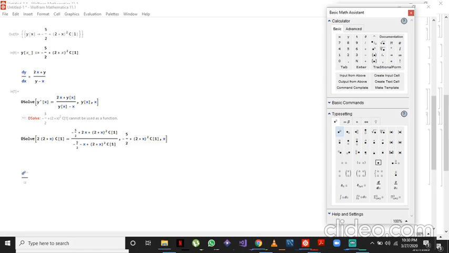That would be d square y upon d square x. I believe now I have written the d square y upon d square x correctly.